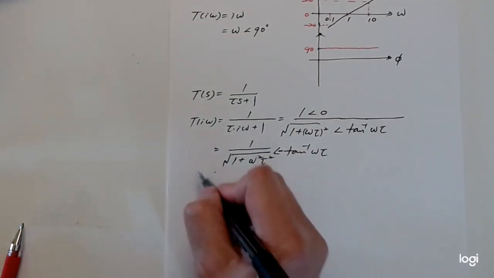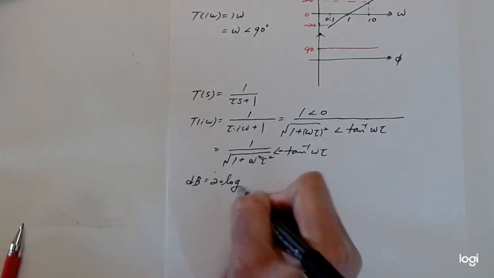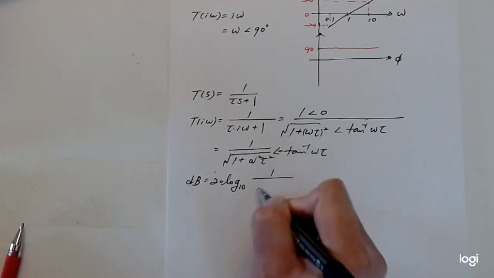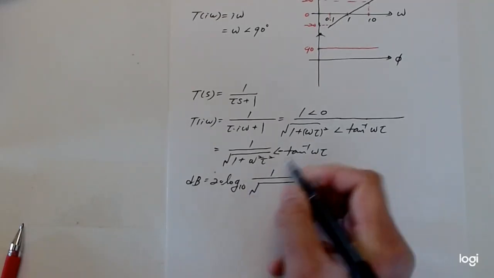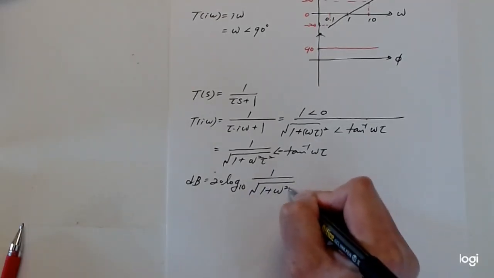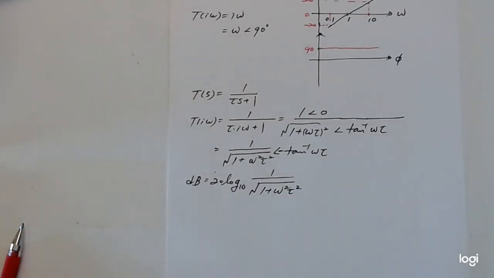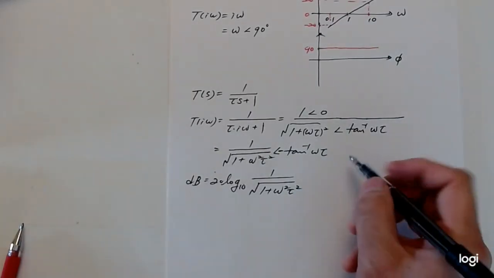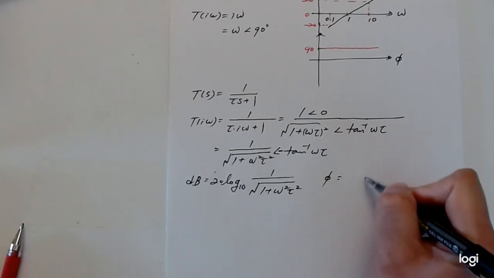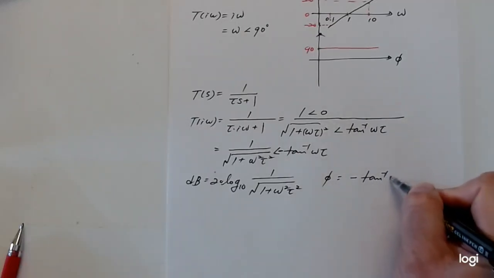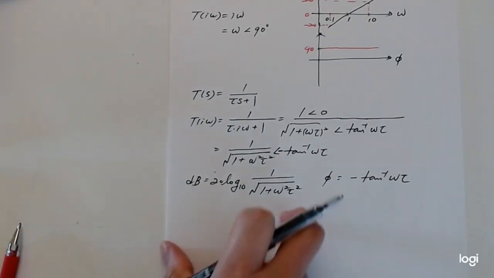So dB would be 20 log 10 of 1 over the square root of 1 plus omega squared tau squared. Phase is minus arctangent of omega tau. So let's use this.